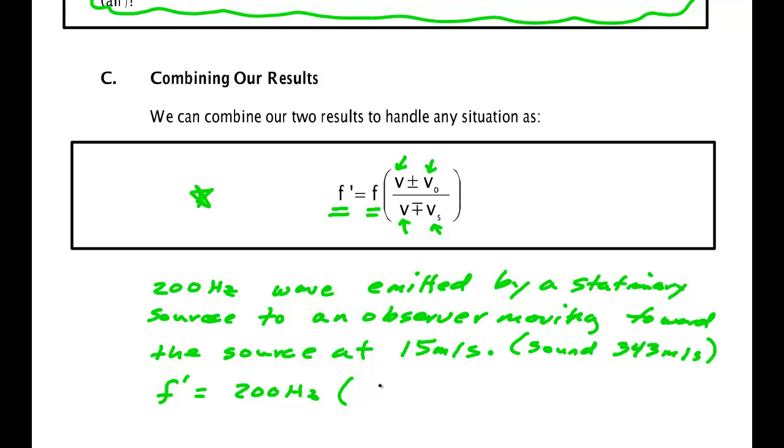It would be 343 meters per second, and you're moving toward it, so it's going to increase, plus 15 meters per second, divided by 343 meters per second, but the source had no change. So there'll be a slight increase by 15 over 343 parts. And I'll let you punch the calculator to determine that.